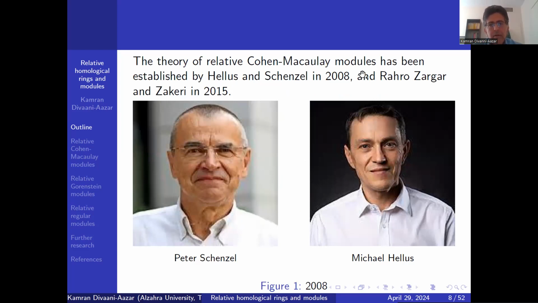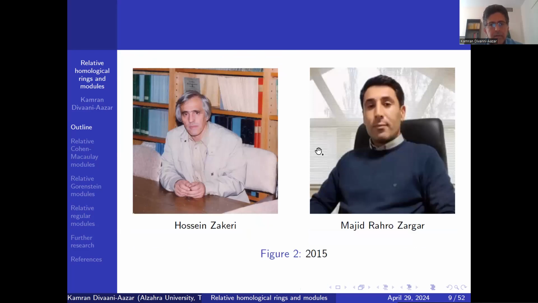I name these four people because Hellus and Schenzel used the terminology of homological complete intersection. They did not use the notion of relative Cohen-Macaulayness. The notion of relative Cohen-Macaulayness was established by Rahro Zargar and Zakeri. But these are two names for one concept. So we mention all four people as inventors of this theory.